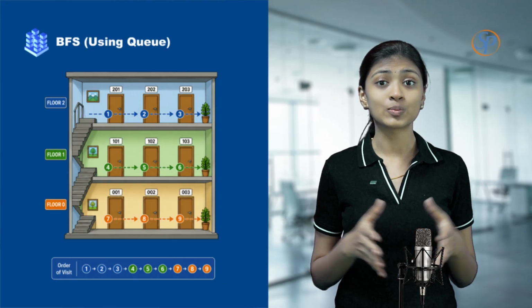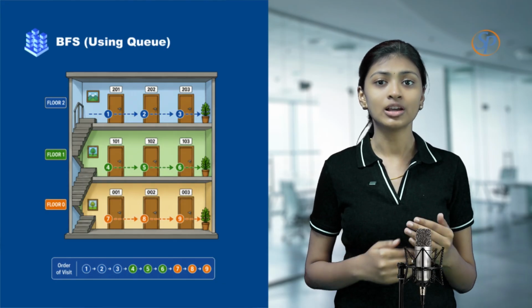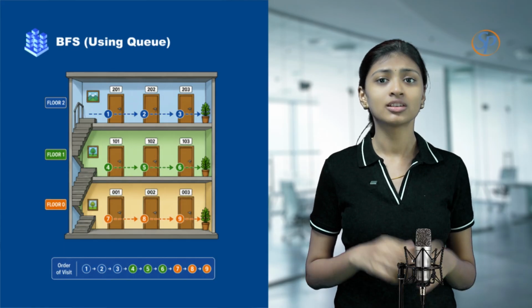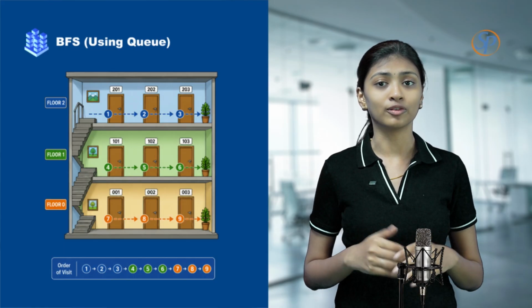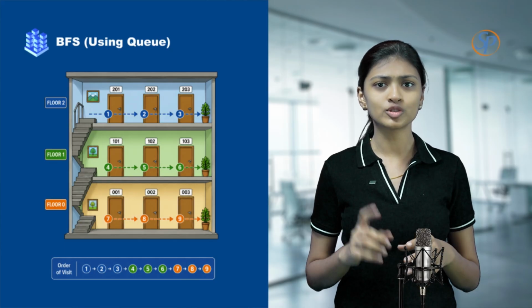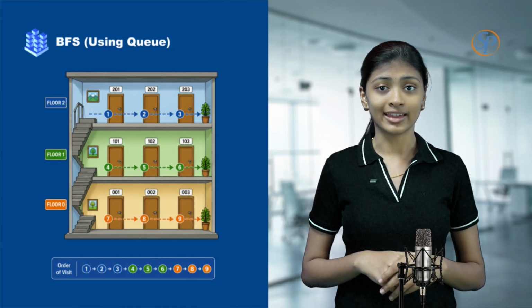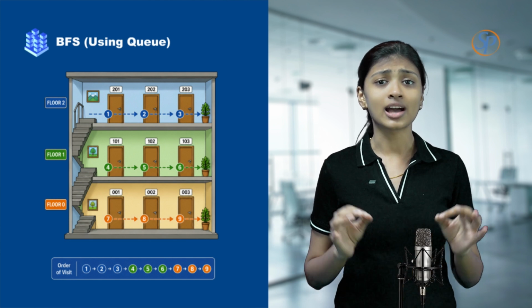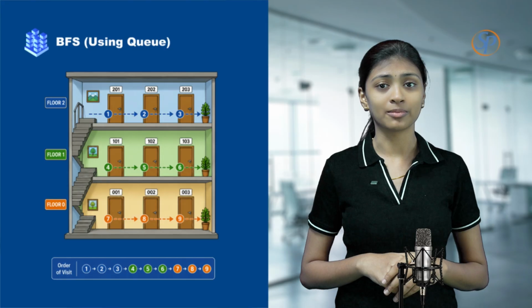This helps us explore all nodes at the current level before moving to the next level. For example, imagine exploring a building floor by floor. You visit all rooms on one floor first, then move to the next floor. Now let's apply deque in a powerful program.